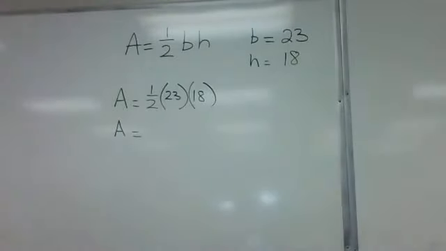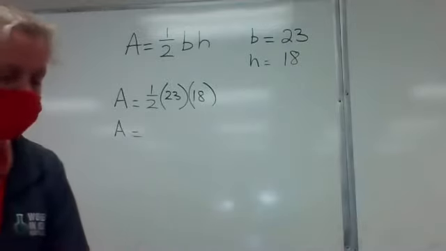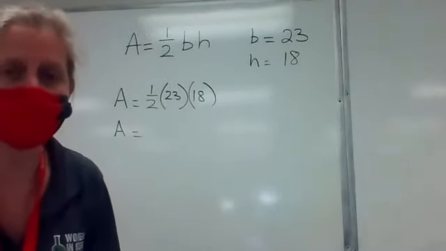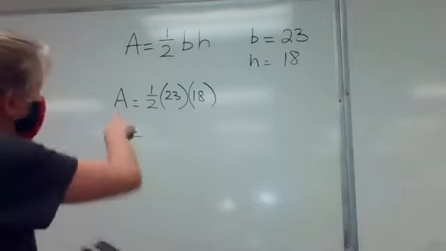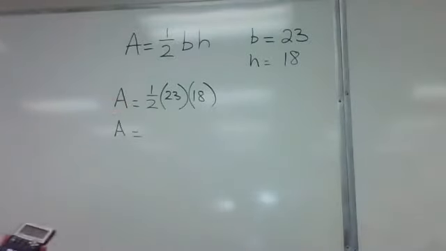Now, remember, your calculator does multiplying with fractions. If I type exactly what that says into my calculator, 1/2, open parentheses, 23, close, open parentheses, 18, close, and hit enter, my calculator is going to do 1/2 times 23 times 18.